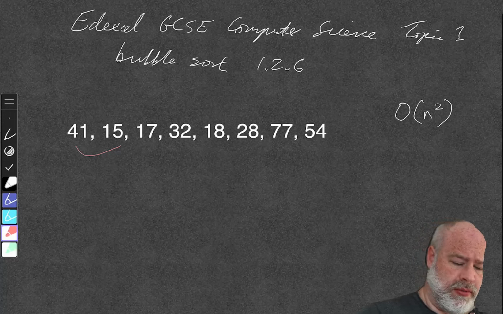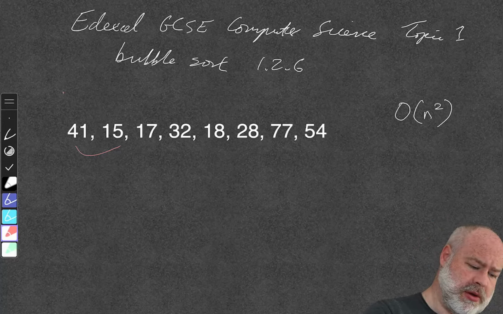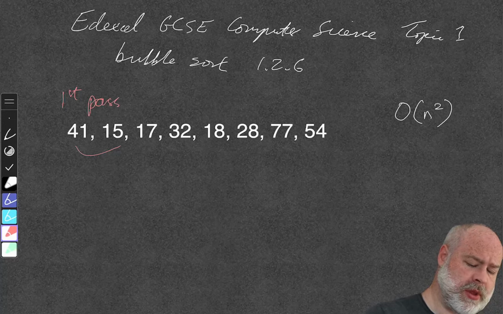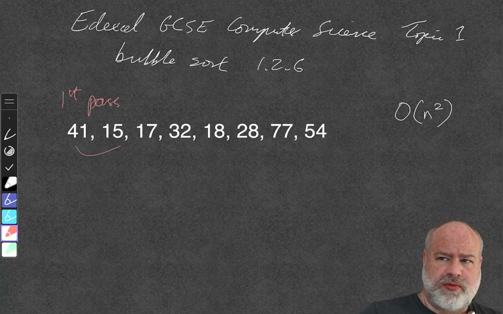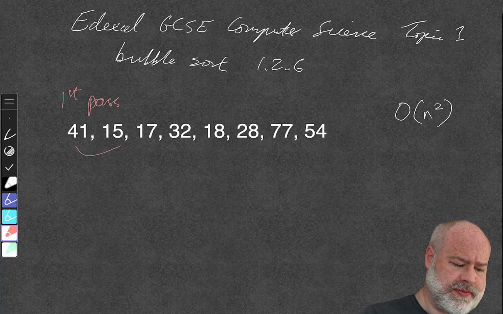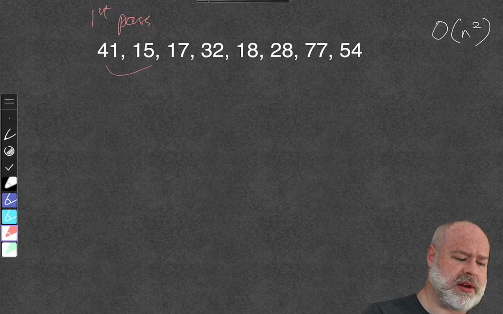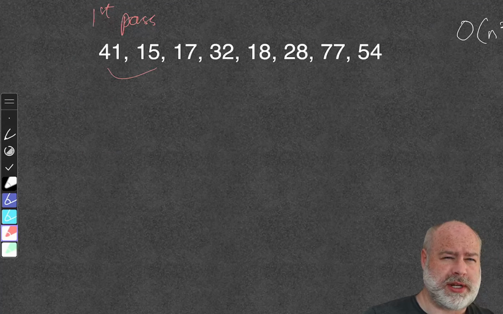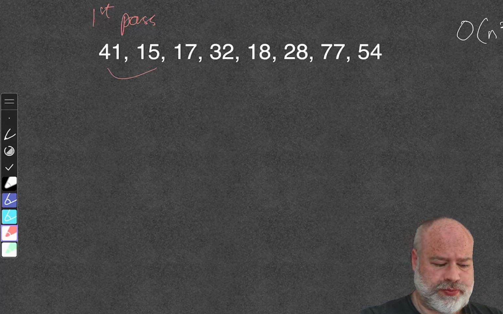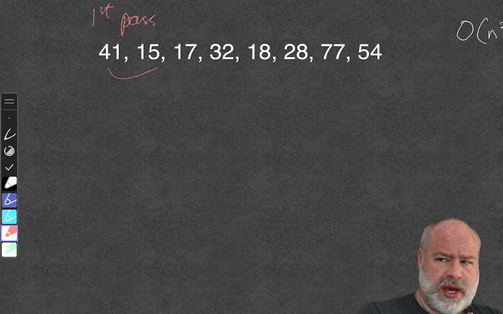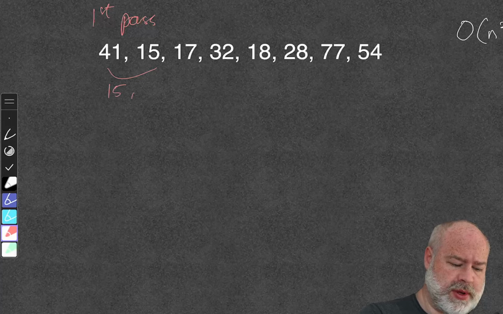So therefore, I'll just say first pass. If we've got a bubble sort algorithm and we're running it on this, it would be an array of integers. In this case, an array is when the data types are all the same inside. So we would say, okay, the first two numbers are compared, and we would be swapping those.